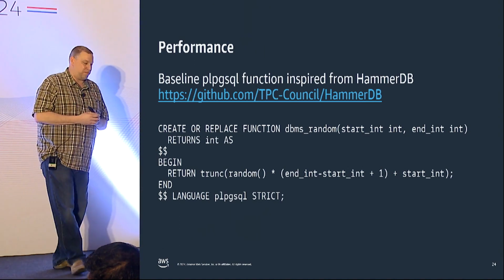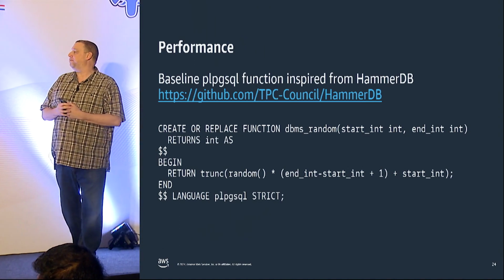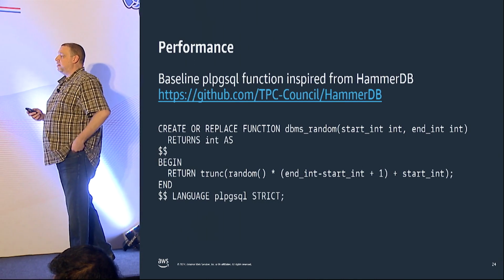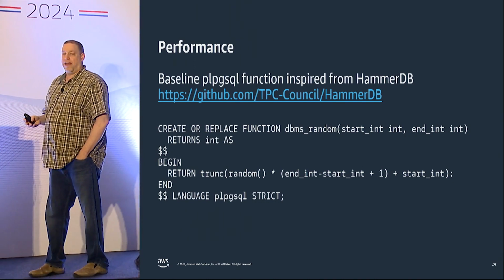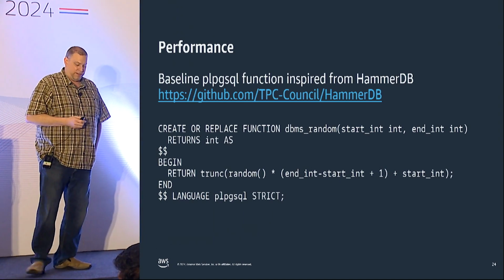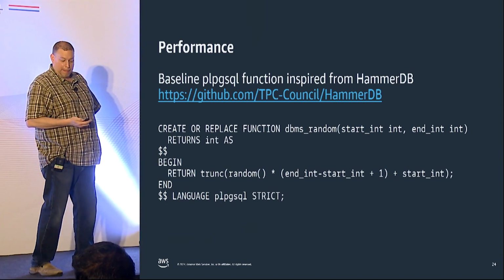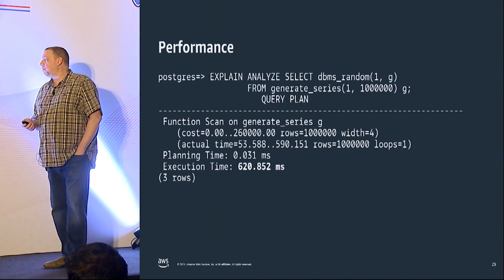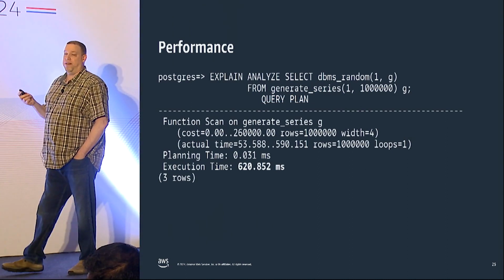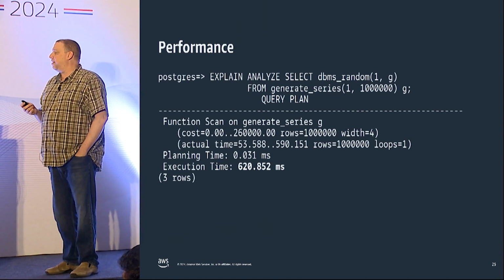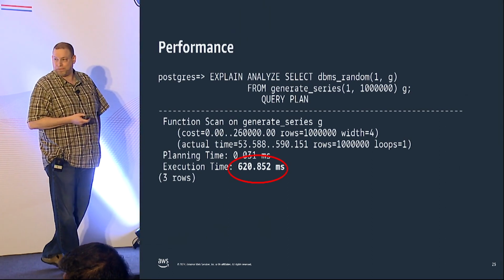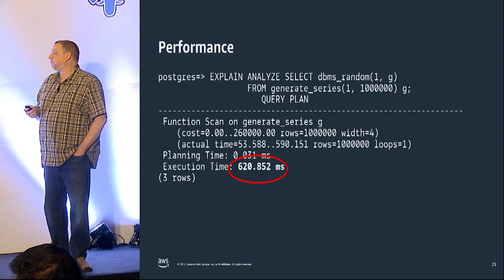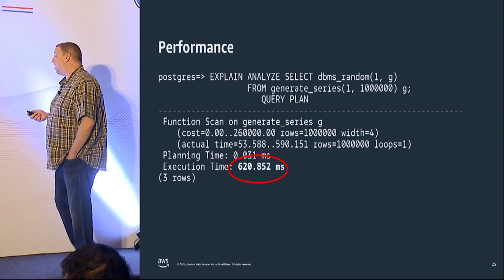I compressed it a little bit so it fits better on the screen. But it runs the internal random function and then truncates it, so this way it gives you that in a given range. Running that in PL/pgSQL, I have to run it 1 million times in order to get meaningful numbers, but it runs in about 620 milliseconds. Pretty good for running that 1 million times.